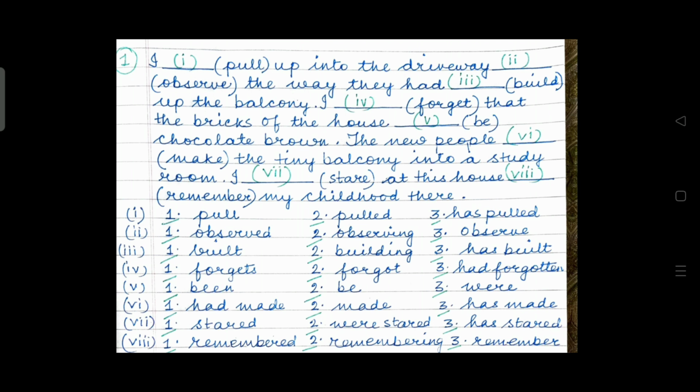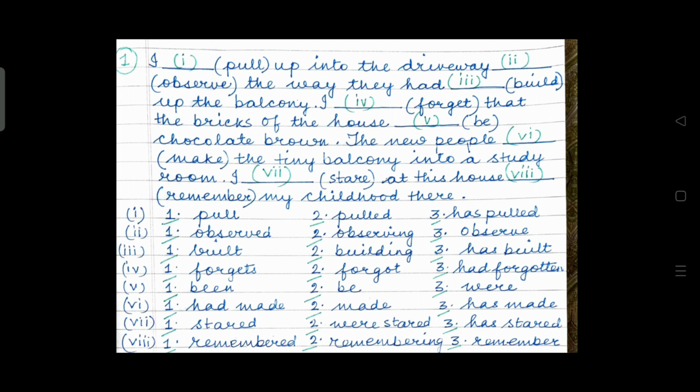I forgot that the bricks of the house, or I had forgotten the bricks of the house. What is the right answer? I forgot that the bricks of the house dash been, be, or were. The bricks of the house were chocolate brown.